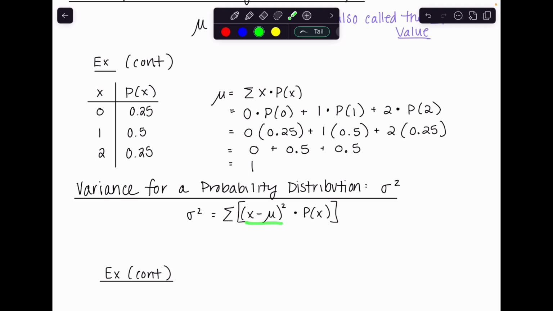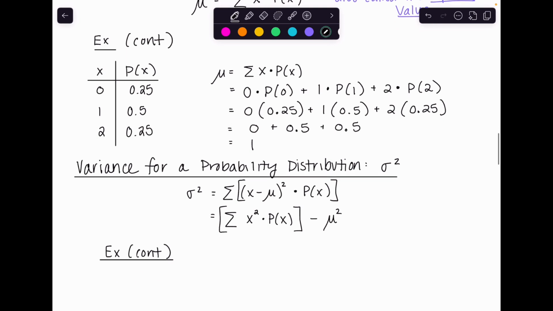If you distribute this out, you'll see there's some extra terms that happen here, but because of really nice stuff with the probability distributions, what ends up happening is you really get to use the mean formula. So you get instead the variable squared times p of x. You sum all of that up, and then once you do that, you go ahead and subtract the mean squared, okay?